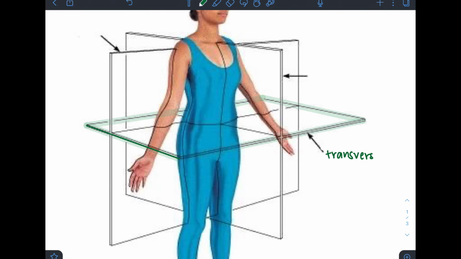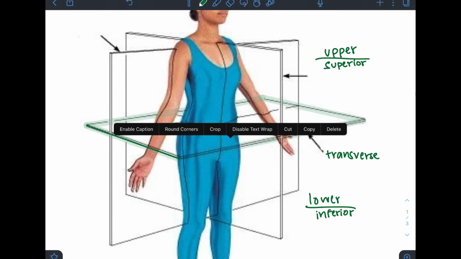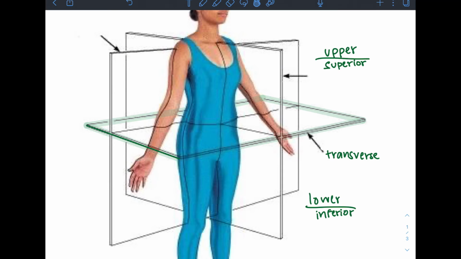And transverse is going to be dividing our body into the upper and lower halves of our body. You can also think of it as superior or inferior parts of our bodies. And it divides us directly in half, essentially.